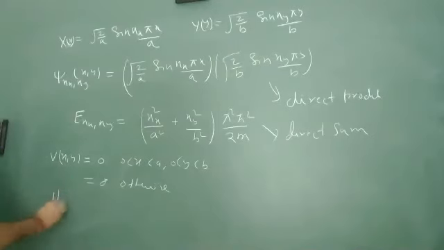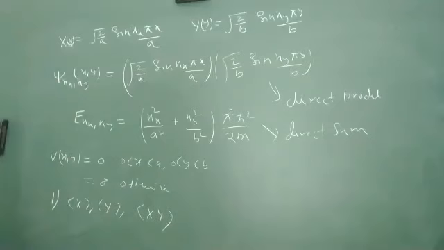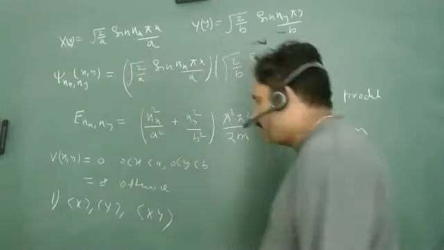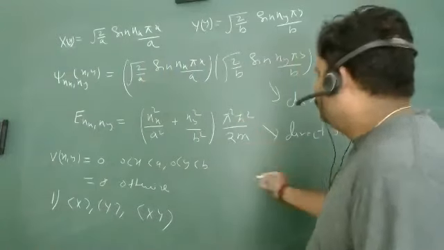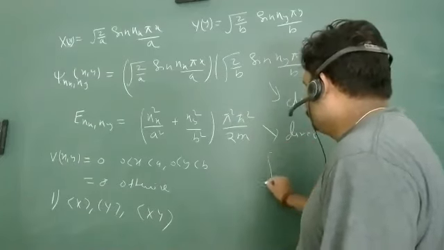You have to first find the expectation value of x, expectation value of y, expectation value of x and y. What will be the answer? Anybody tell me what is the expectation value of x? A by 2. Because if you are going to solve it, how will you go for this?